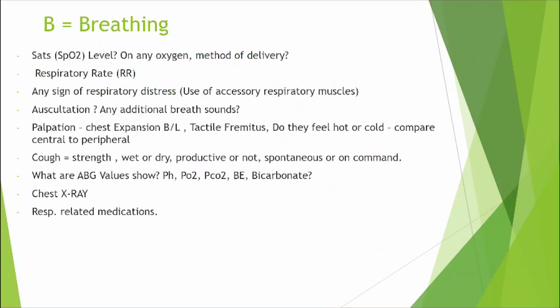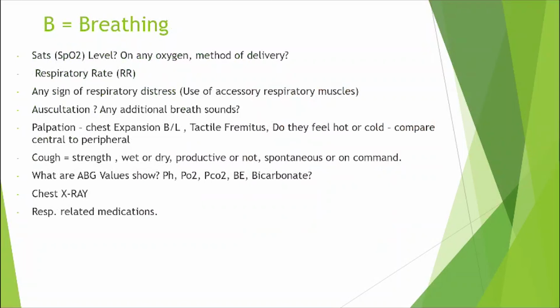Normal value is between 11 to 14 kPa, so it changes according to unit as well. And then the carbon dioxide, same, base excess and bicarbonate. Actually the ABG value is good to determine whether the patient is more related to metabolic or more respiratory, is it acidotic, alkalotic, type 1, type 2. So we can find a lot of things from the ABG values.